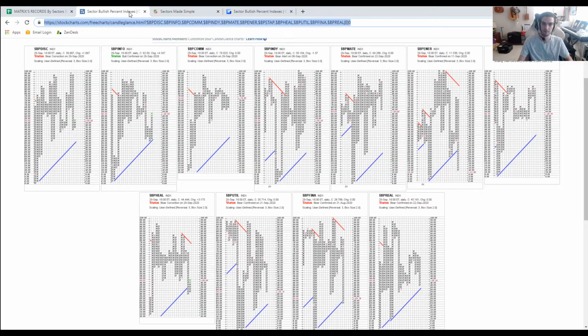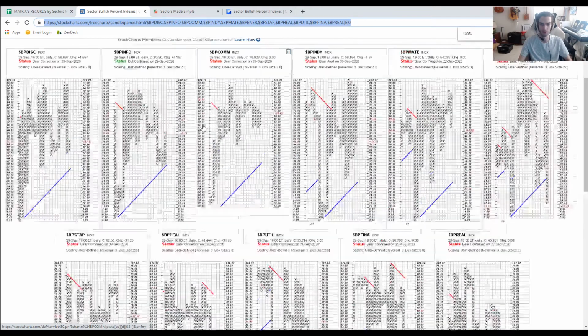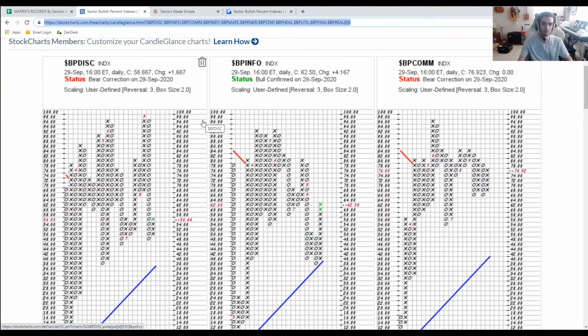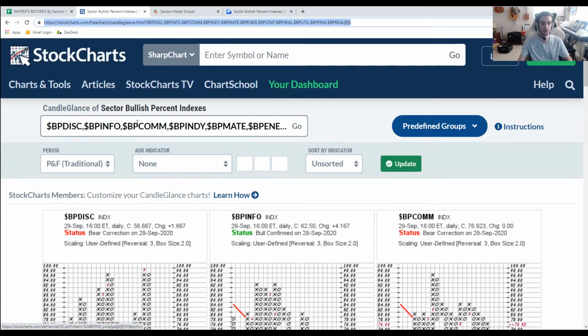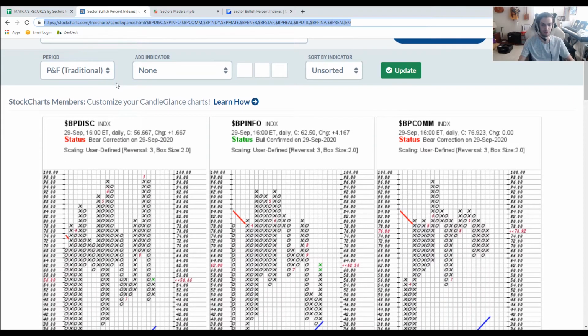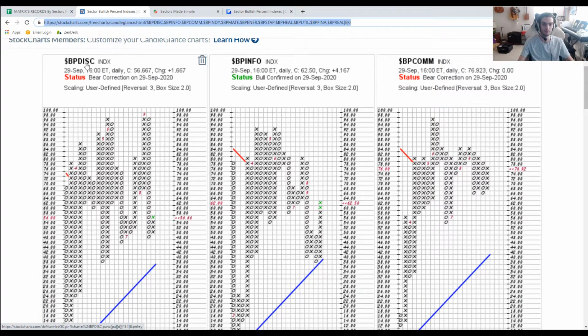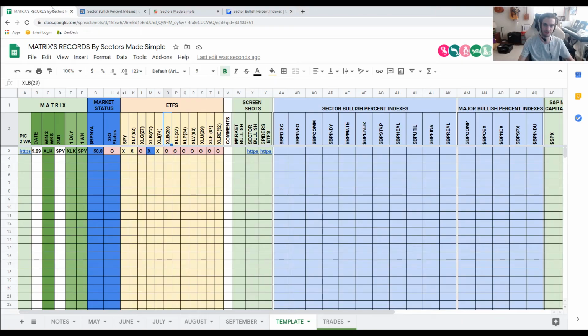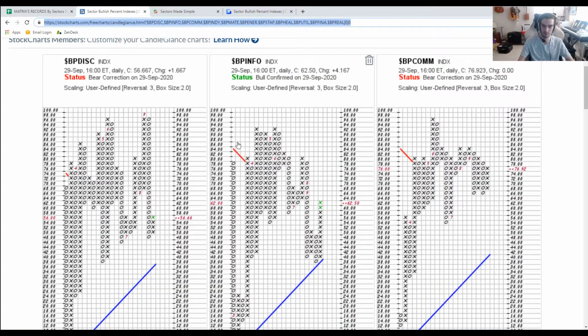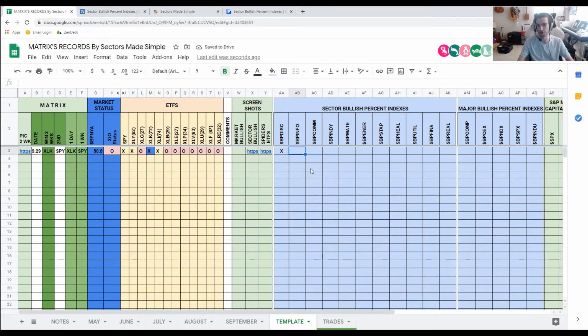So again, because we're only looking at the ETFs right now, we're going to use StockCharts' BPIs. So we get the S&P 500 bullish percent indexes. So let's go through. We have BP DISC, which is in a column of X's at 56%. And we have a bear correction.